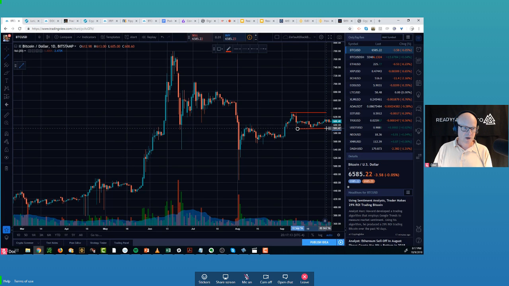So here's the prior swing high, here's the prior swing low. I'm going to call this one the green. Okay, everybody with me? Here is the former prior swing low. Here is the former prior swing high.